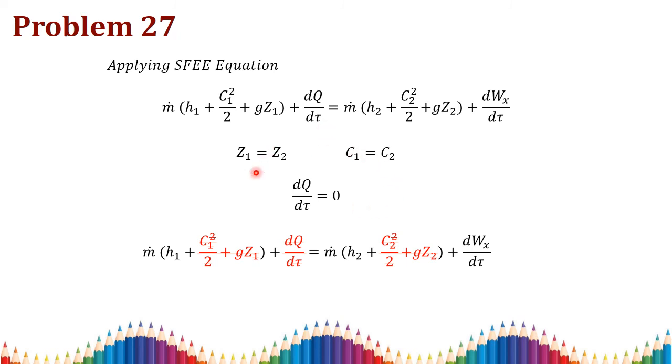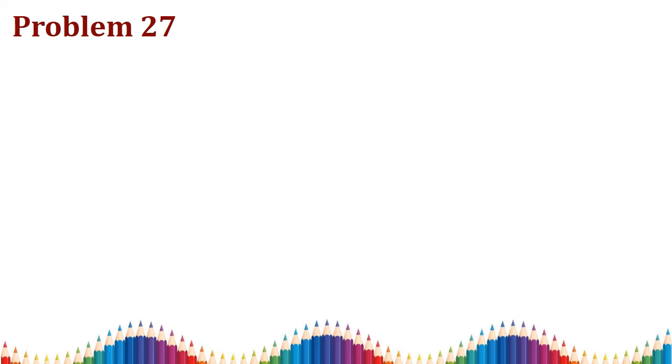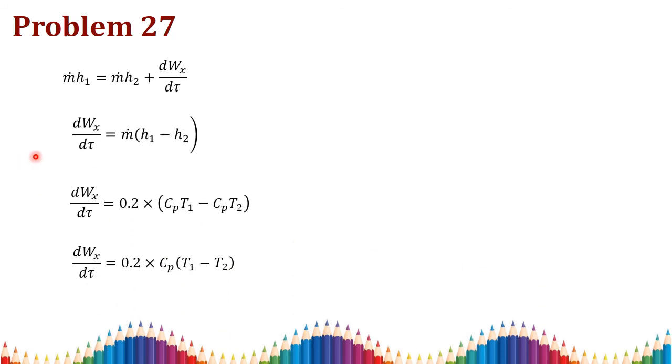Then you apply all these conditions to the above equation, and your equation will be deduced as m dot h1 is equal to m dot h2 plus dWx by d tau. So dWx by d tau is equal to m dot into h1 minus h2. m dot is given in the problem, that is 0.2 kilogram per second, you substitute. Then h can be replaced as Cp into T1, so m can be taken outside, that is Cp into T1 minus Cp into T2.